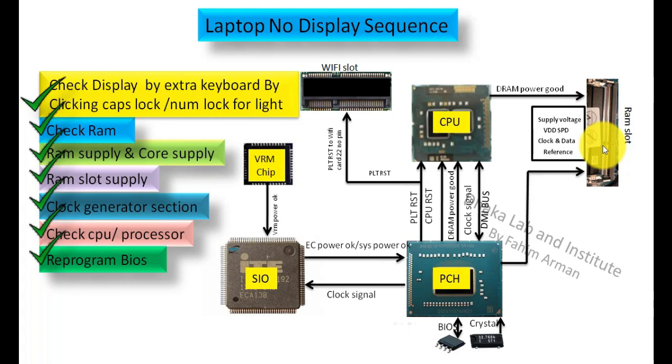If you have a no display motherboard, then you should also check the supply voltage in the RAM slot, and then VDD SPD, clock and data, and reference voltage. You should get all these things here, and for that you should open the schematic diagram of your laptop motherboard, find them, and check all the voltages.